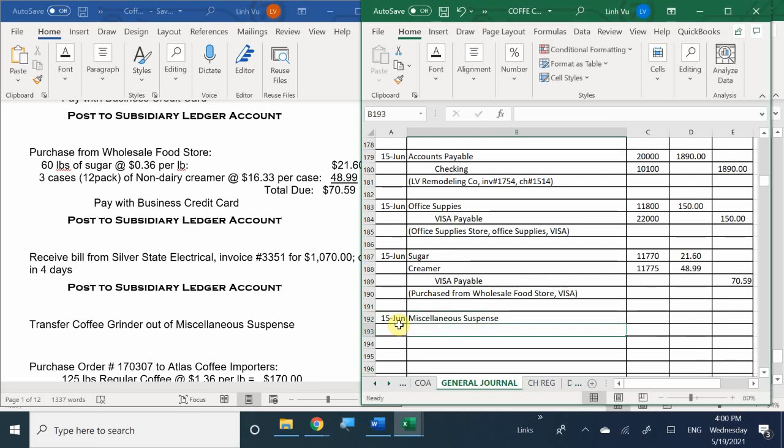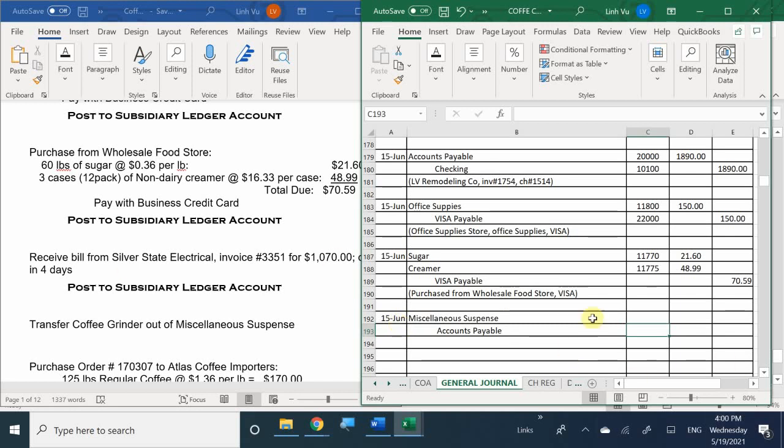And we're recognizing that we have a bill and that we owe Silver State Electrical until we pay it. In this case, did I make any conclusions that I'm going to make a payment? No. It's due in 4 days, and I did not say I was going to pay it.